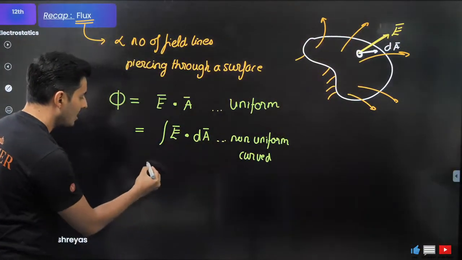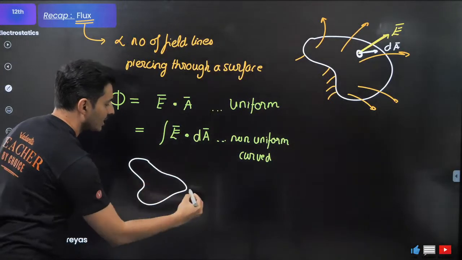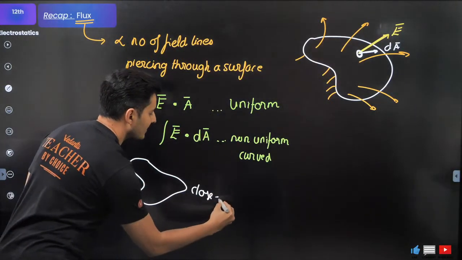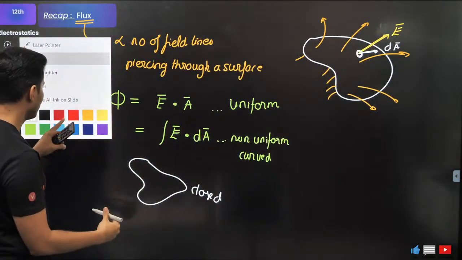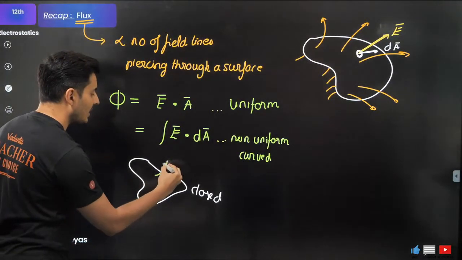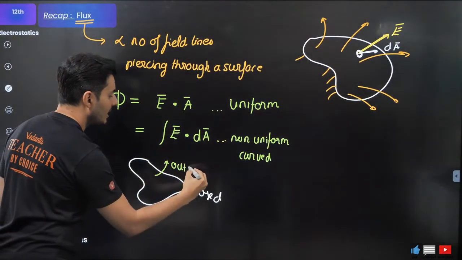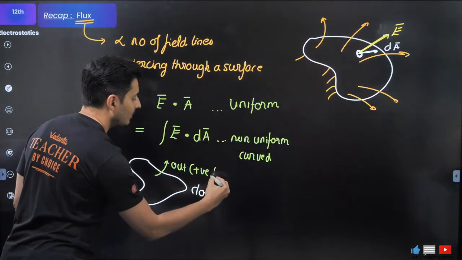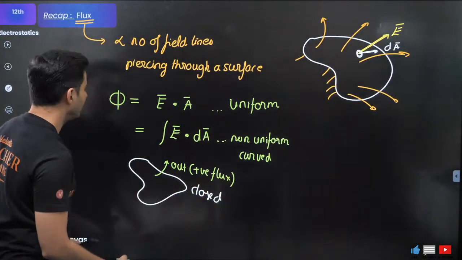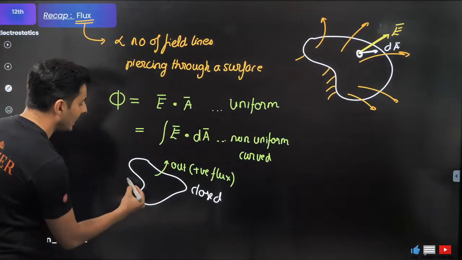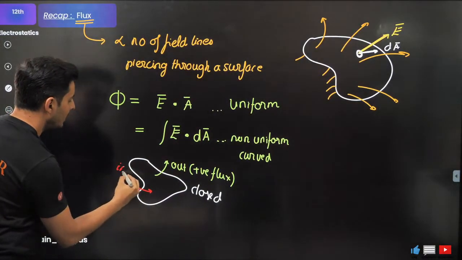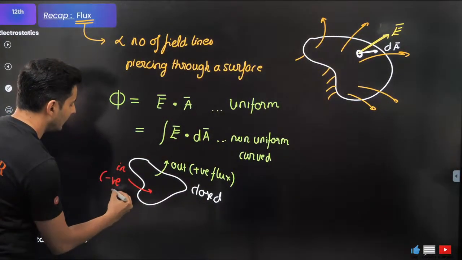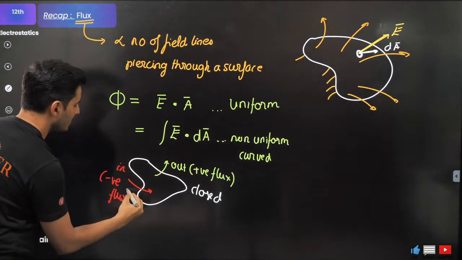If you have a closed surface, as I told you last lecture, any flux which is coming out is considered positive flux, and any field lines which go in are considered negative flux by convention.